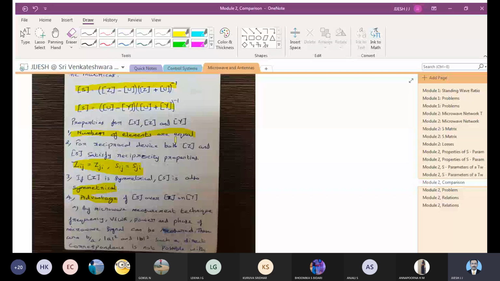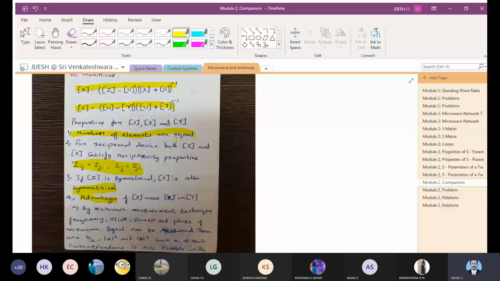You can just continue and write it compared to Z or Y. So the next one is the unitary property. You have studied the unitary property for S parameters, and the main advantage of this unitary property in S parameters is that it helps in the quick check of power balance of a lossless structure.